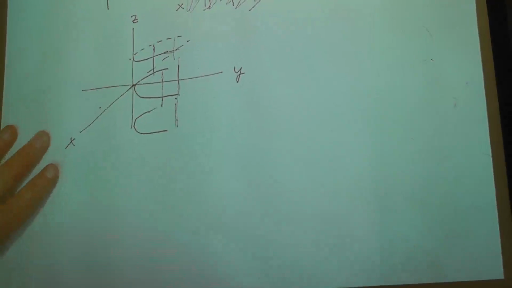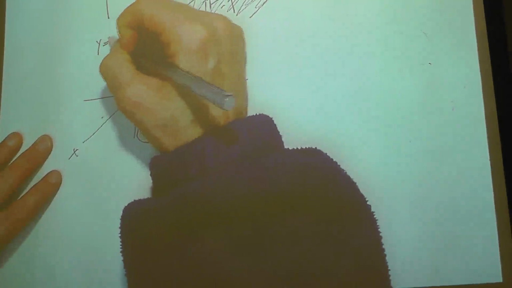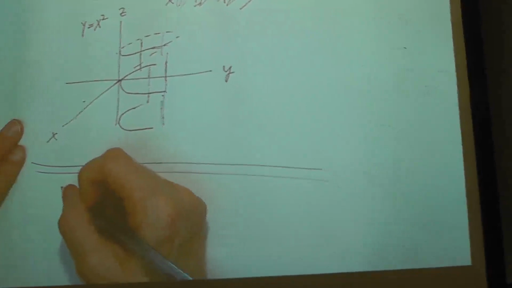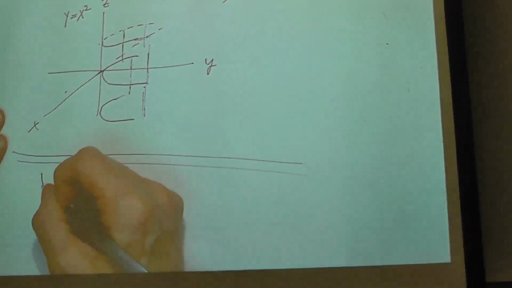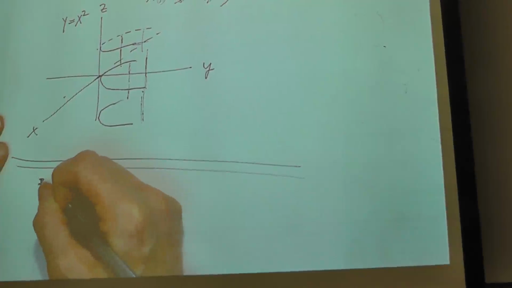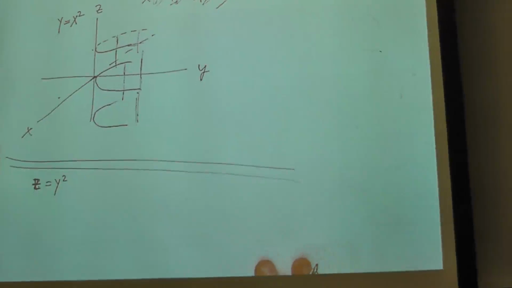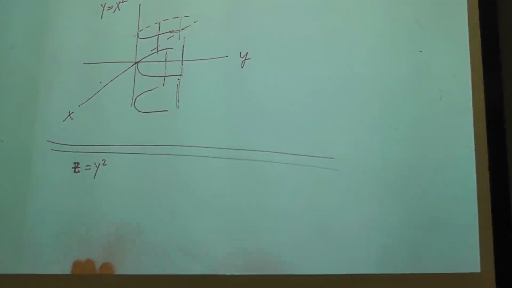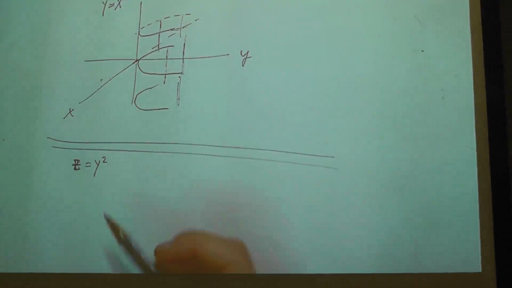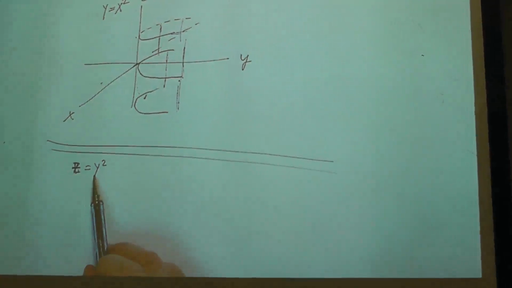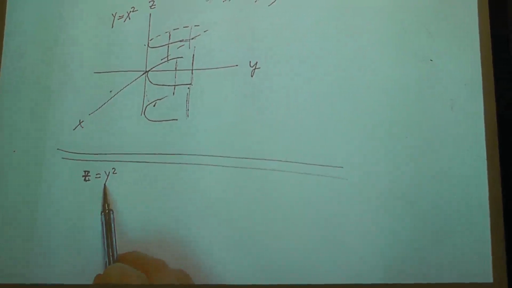Now, here's what I really need you guys to be able to distinguish. Let's say I wrote z equals y squared. It's still a parabola in 2 dimensions, but instead of going up and down along the z-axis, this is going to be spread along the x-axis.